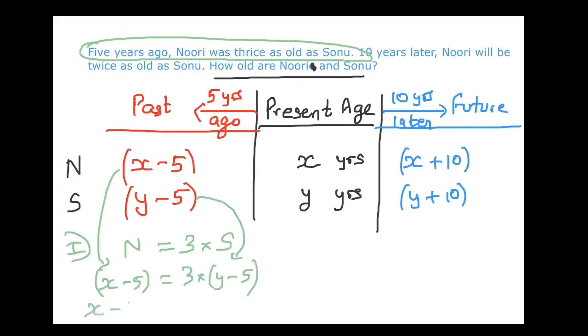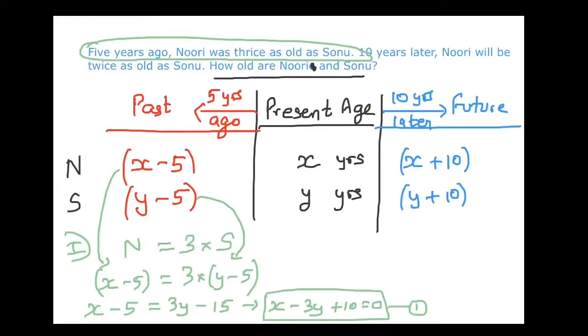X minus 5 is equal to 3Y minus 15, or you can write as X minus 3Y plus 10 is equal to 0. So this is the first equation. This is equation number 1.